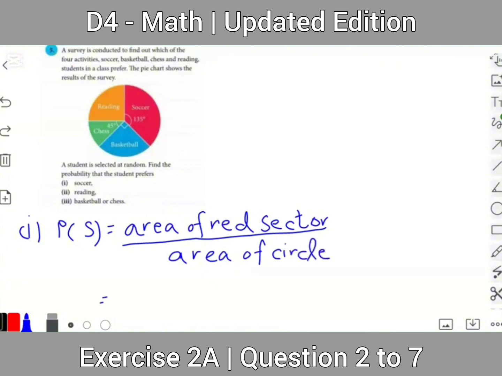And that will be equal to the angle of the red sector divided by the angle of the circle.